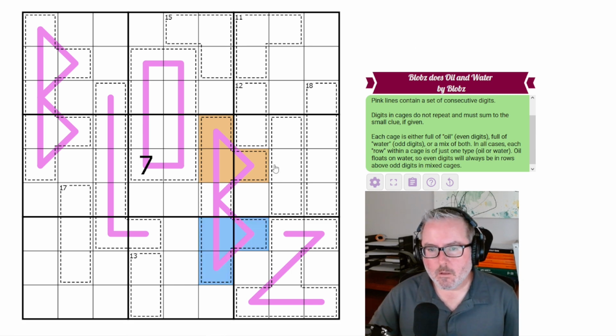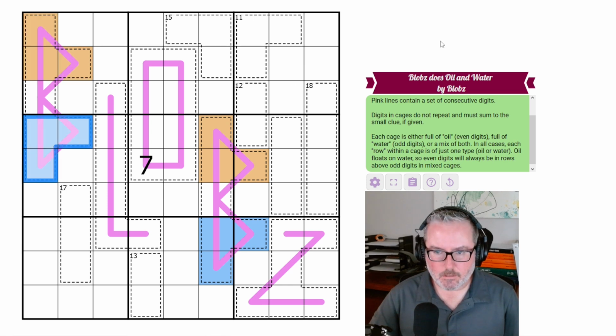Okay. Well, let's just color these in while we're at it so that we know what we've got. We can probably start doing the same concepts with all of these as well. So this is 2, 4, 6, 8 digits. So I think what that's going to tell us is that's 4 evens and 4 odds.